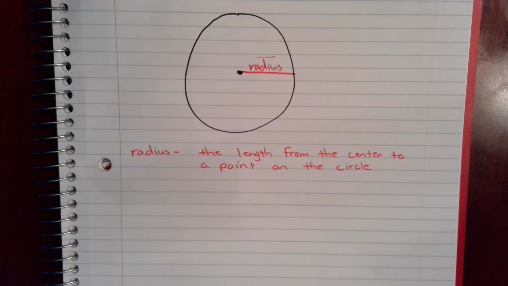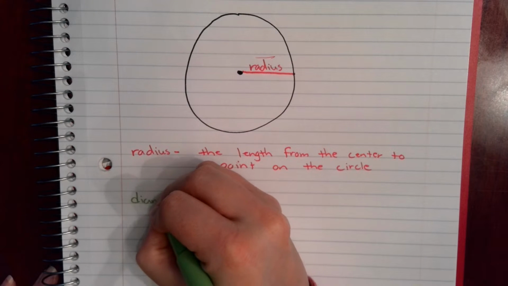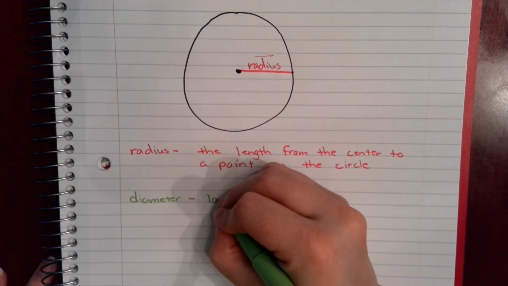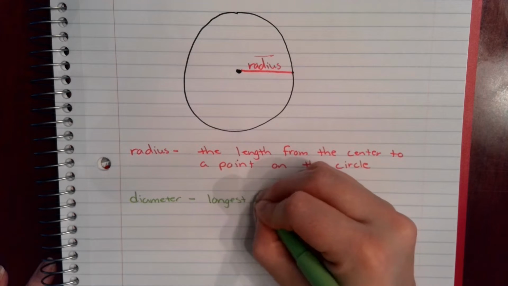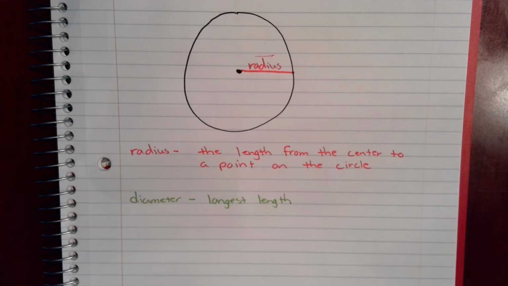Okay, then you've got what's called the diameter. So the diameter is your longest length. It's your longest measurement inside the circle.